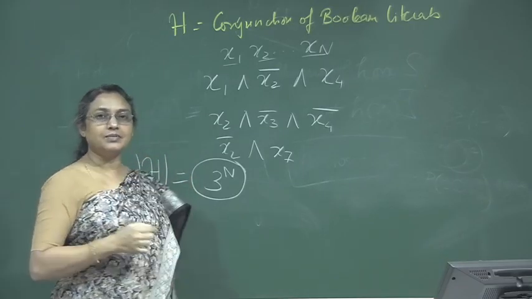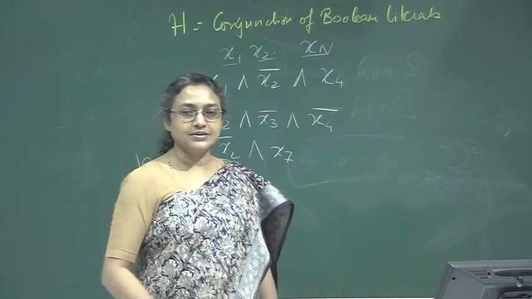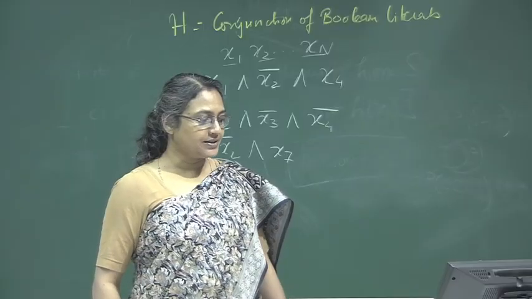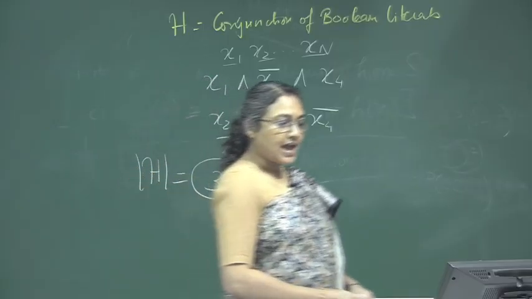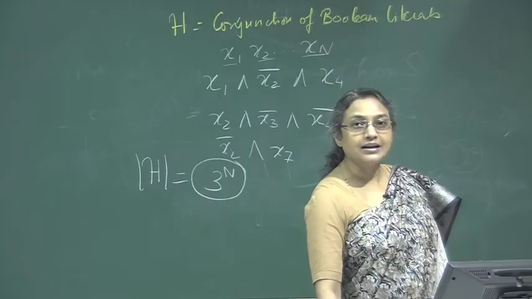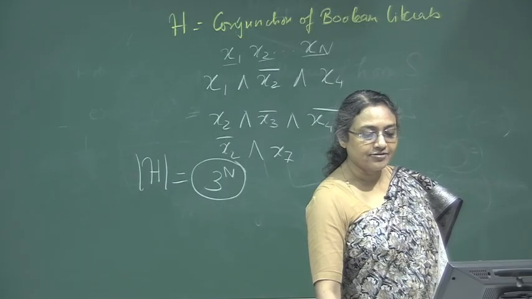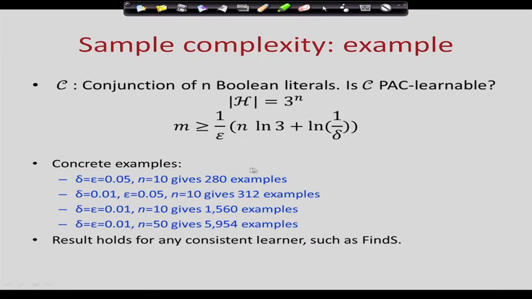And if we plug it in the equation that we have, then what we get is m greater than or equal to 1 by epsilon times log of 3 to the power n plus log of 1 by delta, and log of 3 to the power n is just n log 3.